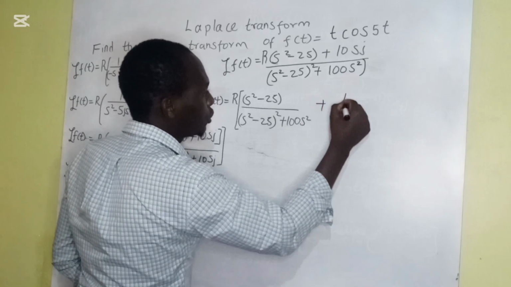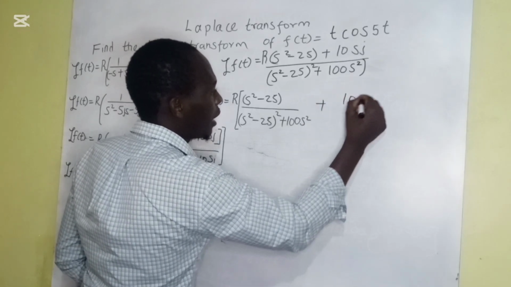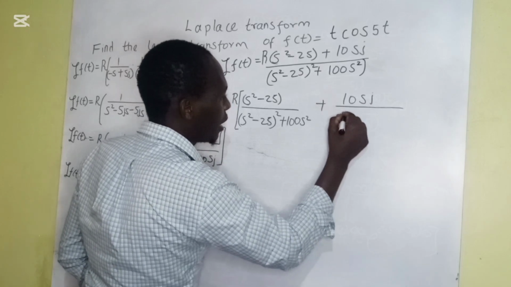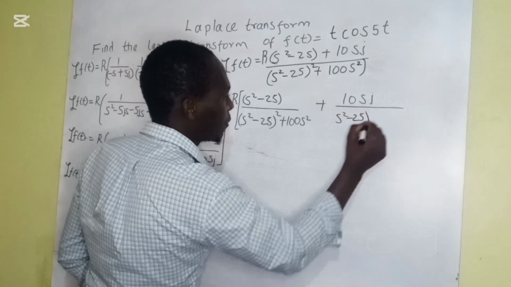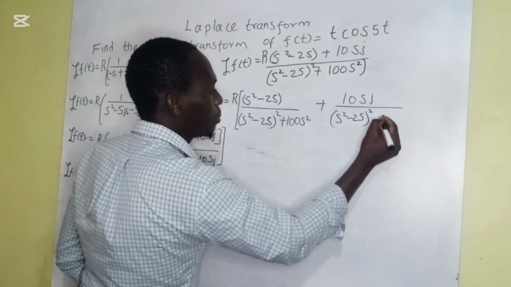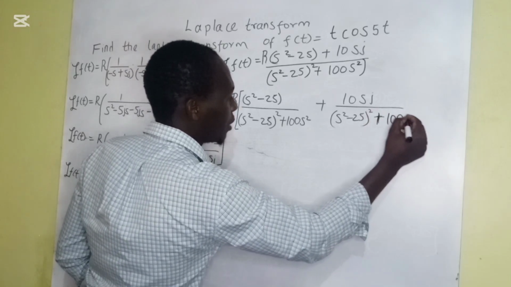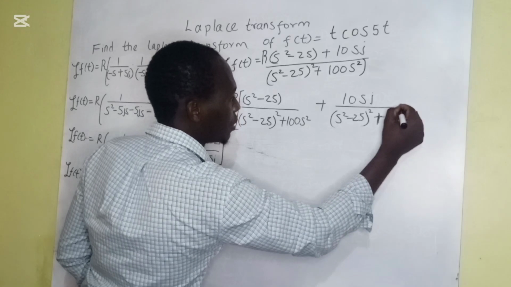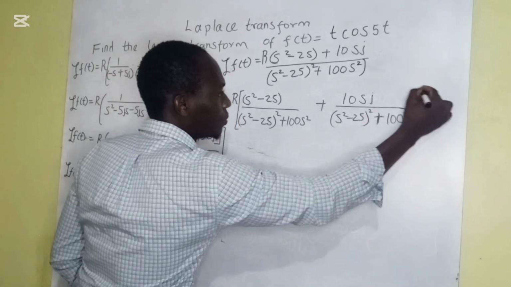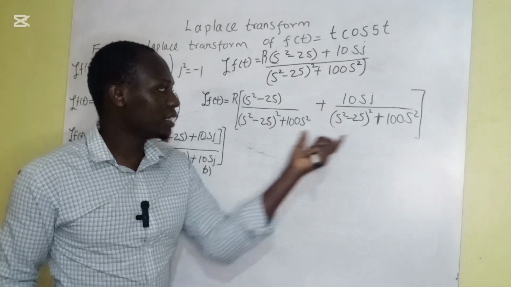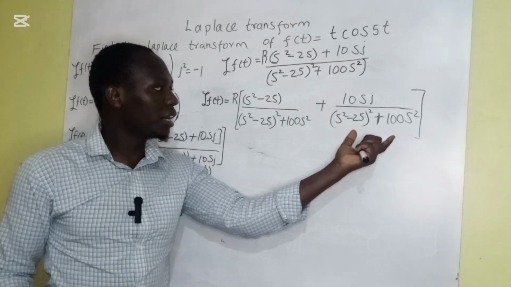We come and add to 10sj all over s squared we subtract from 25. Everything will be squared. We add to 100 s squared. At this point now, we've separated the real functions and the imaginary functions.